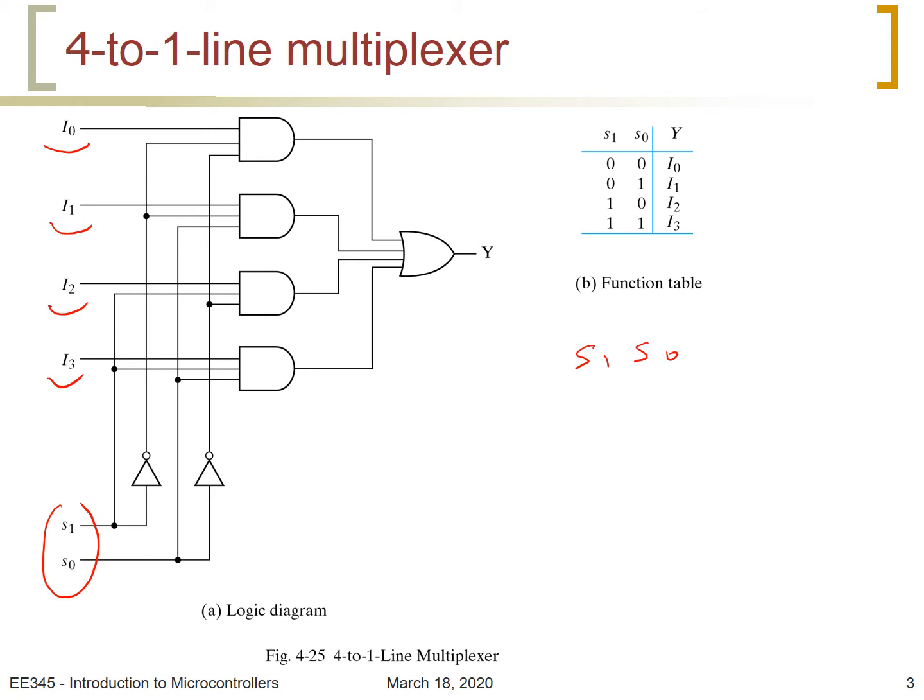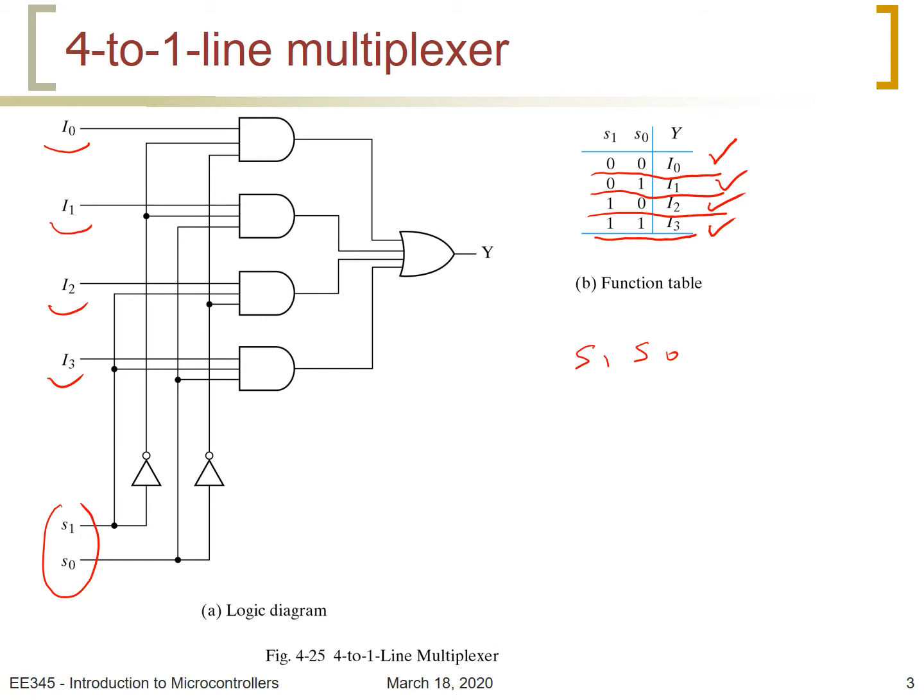So we write them in this way. On the right-hand side, we see the function table of the multiplexer. When S1 S0 is 0, 0, I0 will be selected. When the selection variables are 0, 1, I1 is selected, and 1, 0, I2 is selected, and 1, 1, I3 is selected.